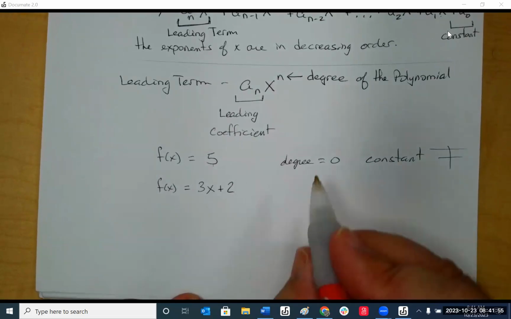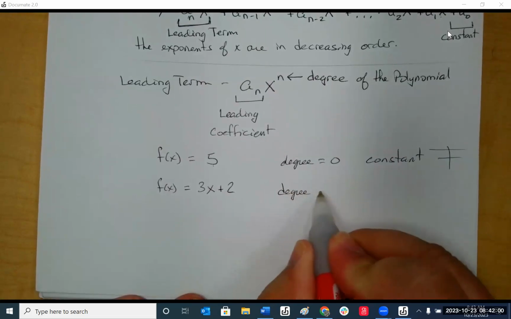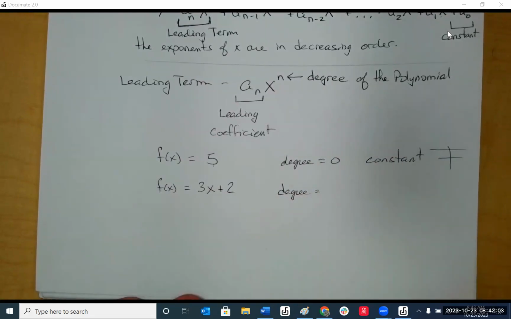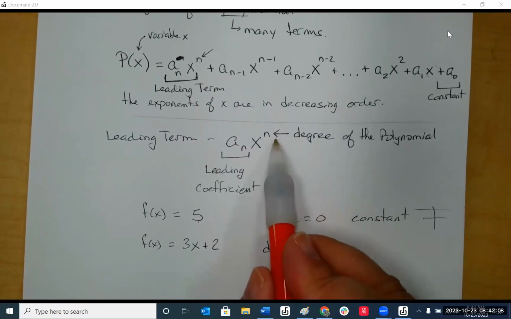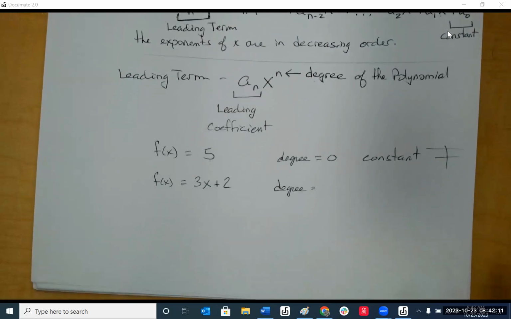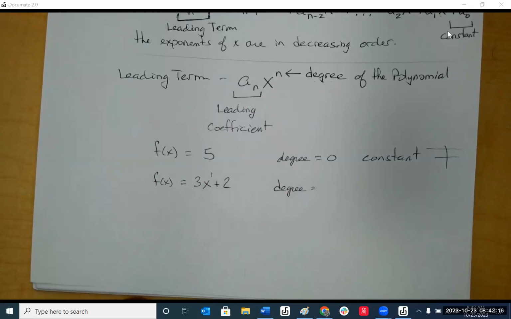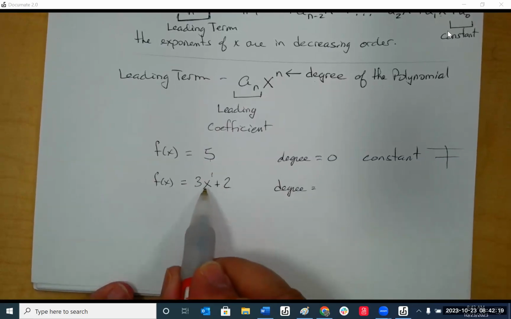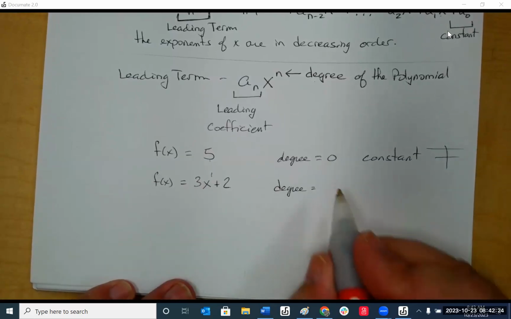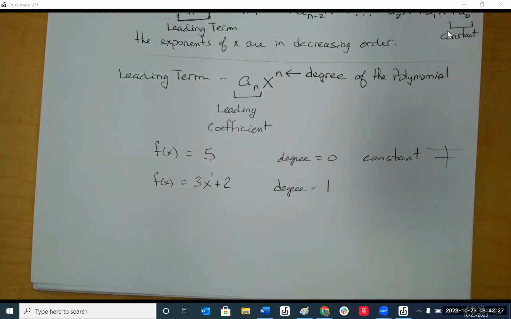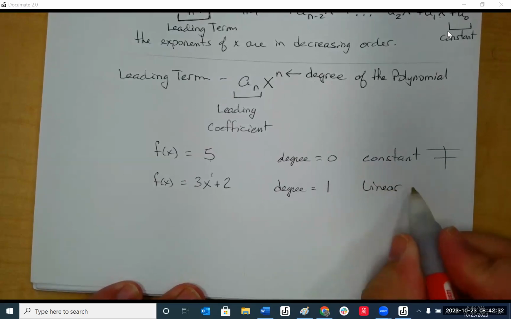How about this one? What's the degree of this one? Let's look at it again. Where's the degree? The degree is the exponent. Is there an exponent up there? If it's nothing there, it's an invisible 1. Because remember, the exponents tell us how many x's we have. We only have one x in this equation. So since the degree is 1, this is a linear equation.